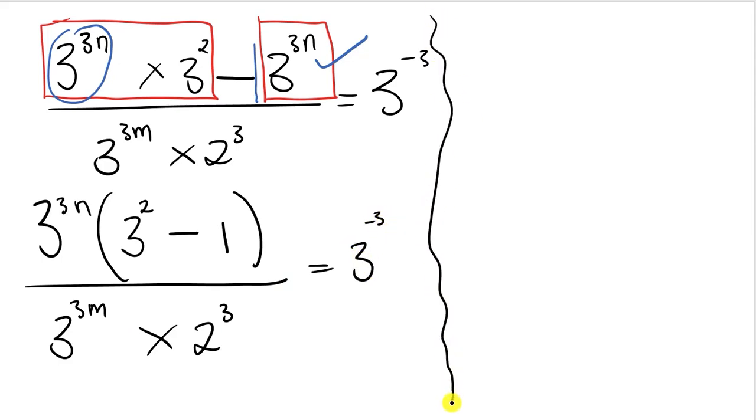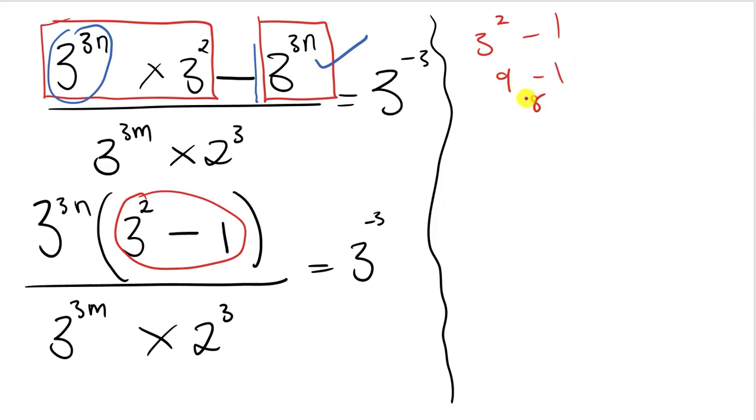So what is going to happen is, whatever we are having in the bracket for the numerator, if you are to simplify that, it is going to give us 8. That is, this one is going to give us 8, because 3 exponent 2 minus 1 is the same as 9 minus 1, and that is what? 8.